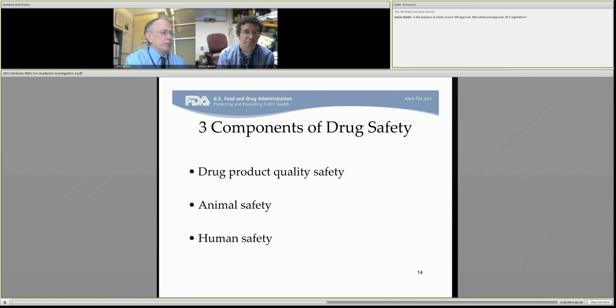There's a lot of work that goes into that which drug manufacturers deal with, but I as an academic, and maybe you as an academic, don't really get that involved with. It's one thing that we consider in an IND application: is what you're giving the patient well manufactured, safe, and of high quality?